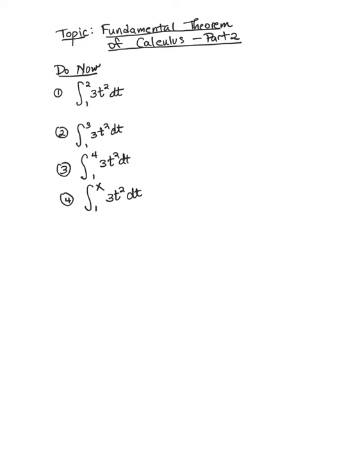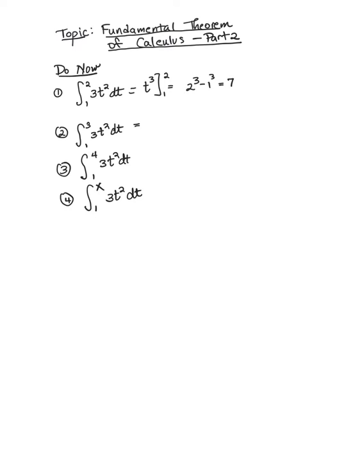All right, so let's review the first fundamental theorem of calculus by computing the values in the do now. So if we antidifferentiate the first one, we get t cubed as the antiderivative from 1 to 2, and this would give us 2 cubed minus 1 cubed, which is equal to 7.